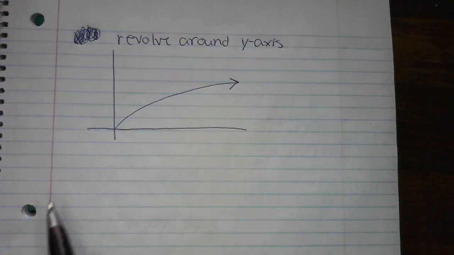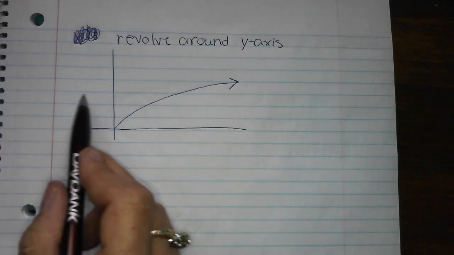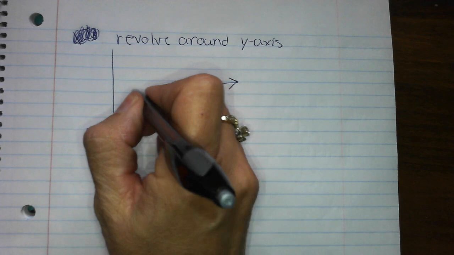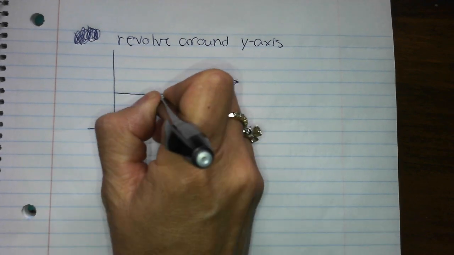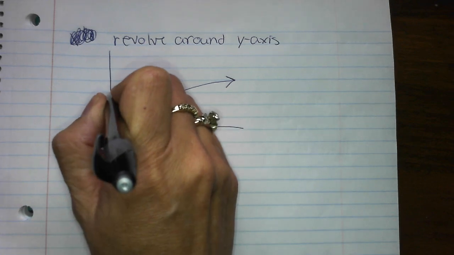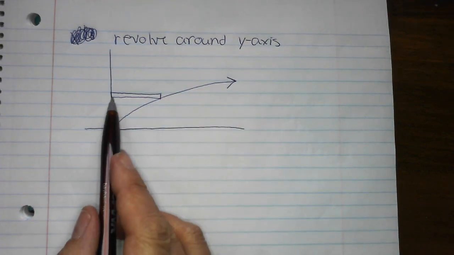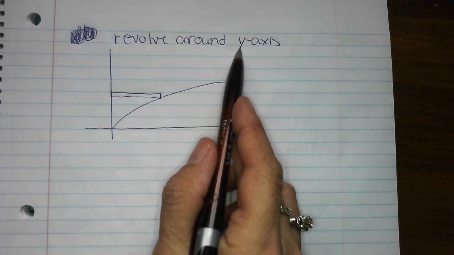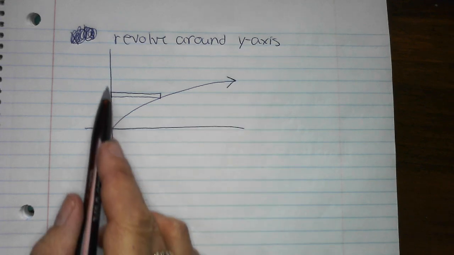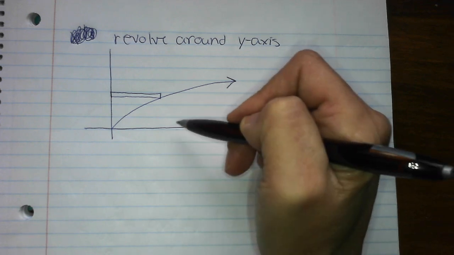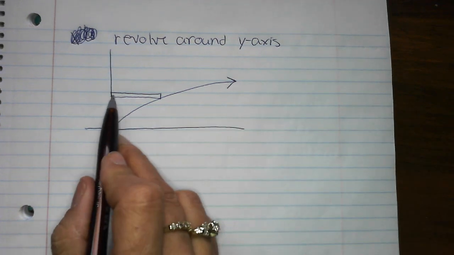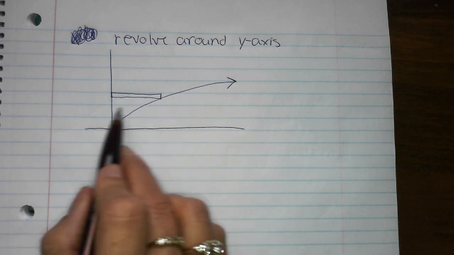So now if I want to take this and revolve it around the y-axis, my rectangle has to now be positioned this way. Notice the rectangle, if I'm going around the y-axis, I am making it perpendicular to the y-axis. When I went around the x-axis, it was a tall rectangle. So at this point, our rectangles are going to be perpendicular to the axis we're going around.